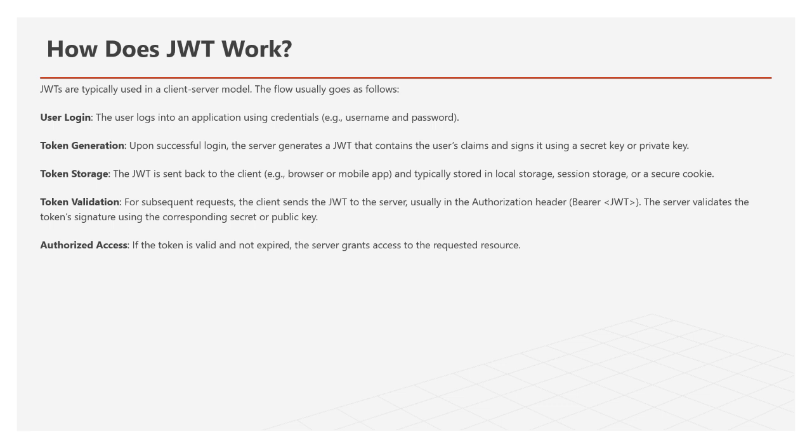That gets validated. If everything is okay and nothing is tampered with in the signature, then the token is considered valid, and if it is not expired, it will grant the access, and the further steps of accessing the resource will be done.